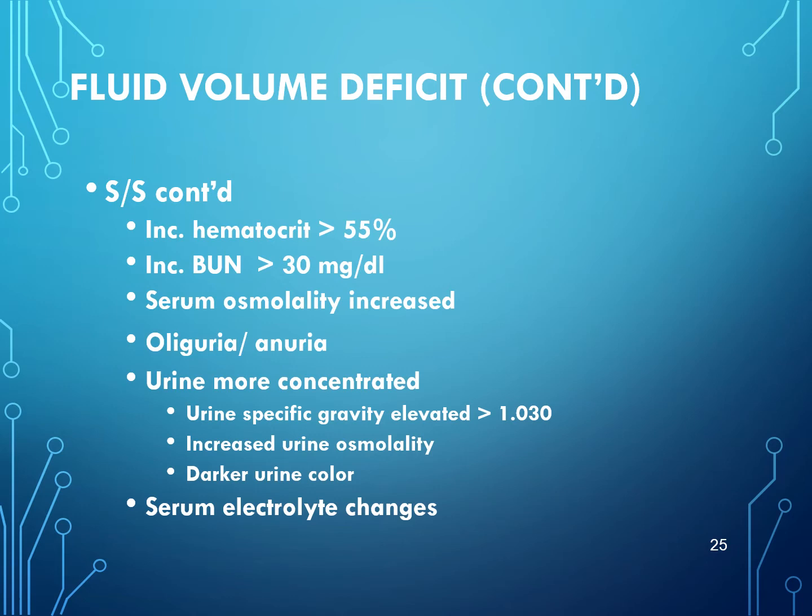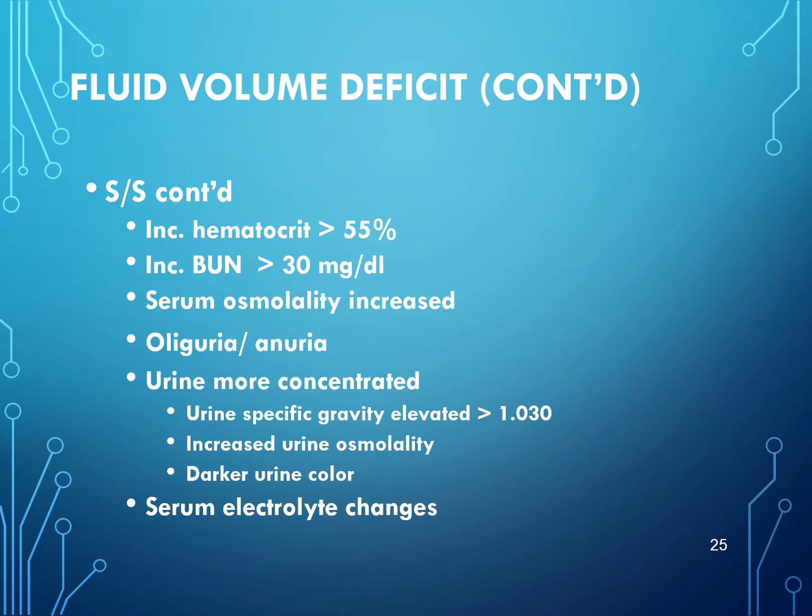Okay, urine is going to be more concentrated, so the specific gravity is going to be elevated. The normal is 1.01 to 1.025. So we're going to see increased urine osmolality, and it's going to be darker in color.